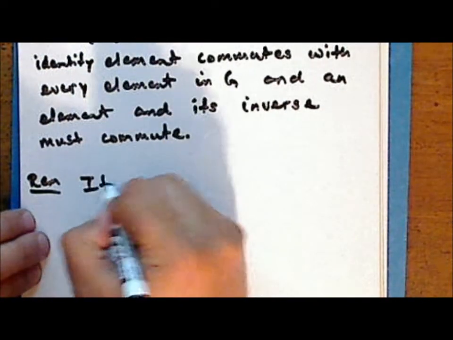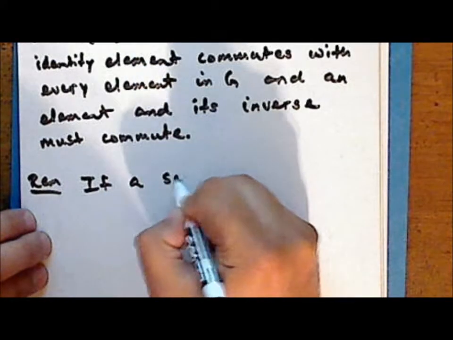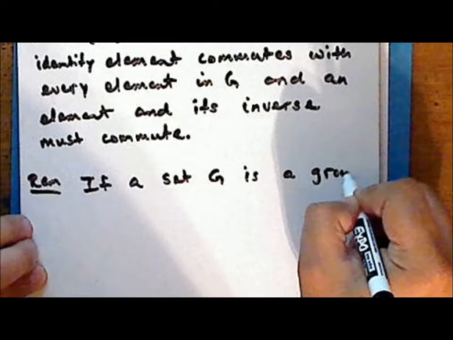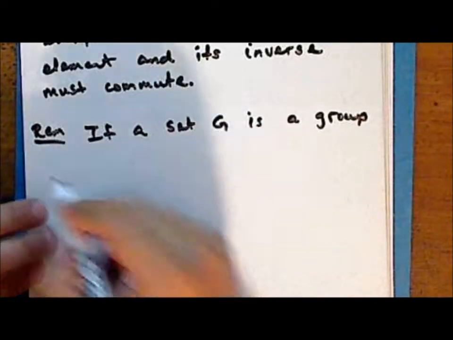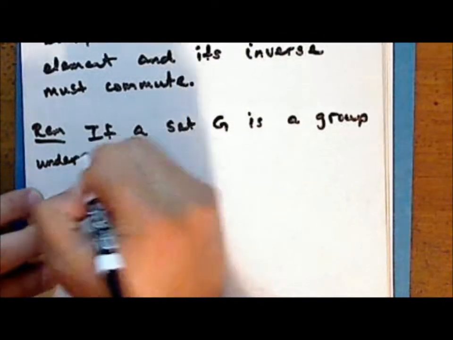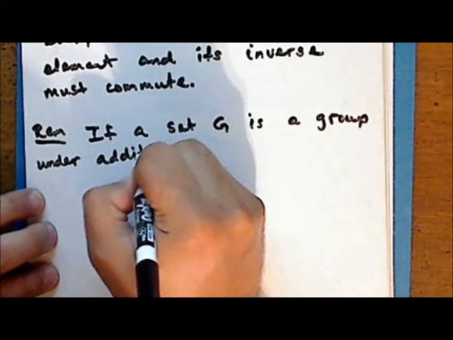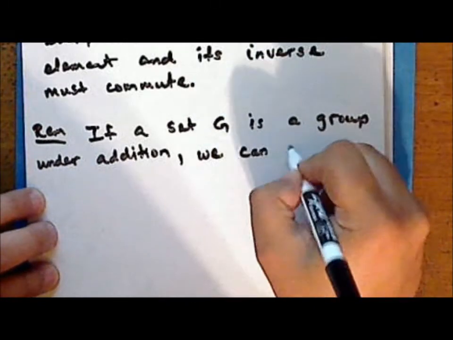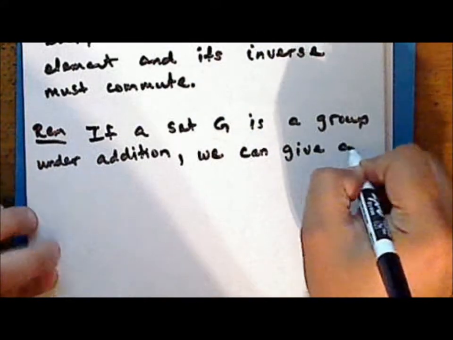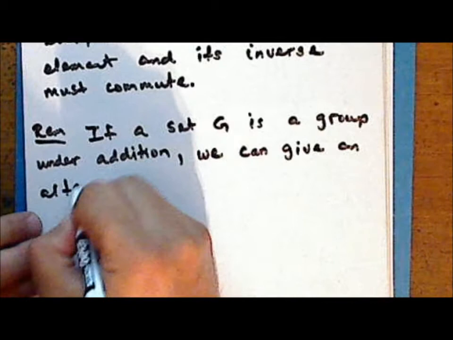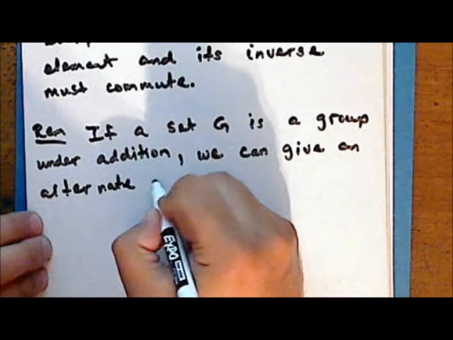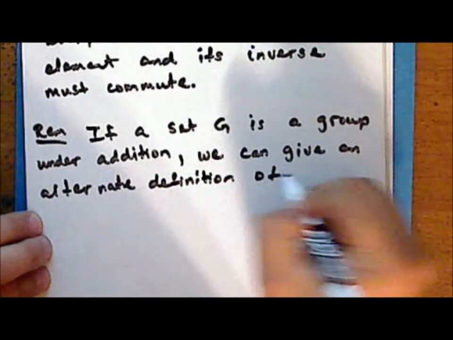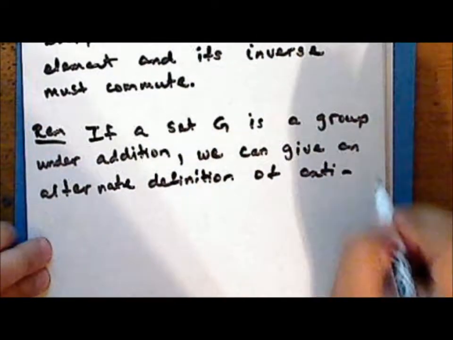Now, if a set G is a group under addition, we can give an alternate definition of anti-commutativity.